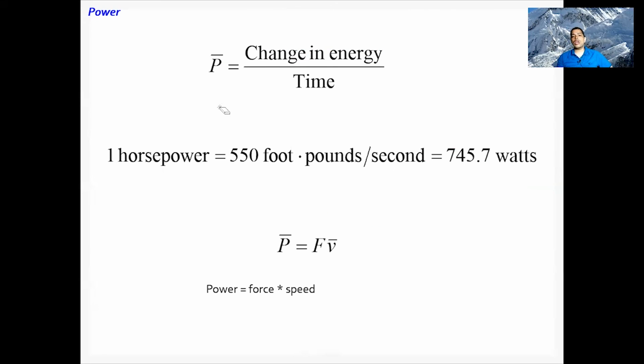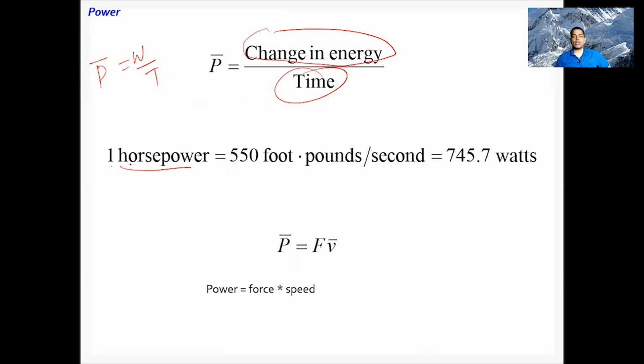Power also can be defined in terms of energy. We know average power is work over time. Similarly, average power can also be defined as change in energy over time.